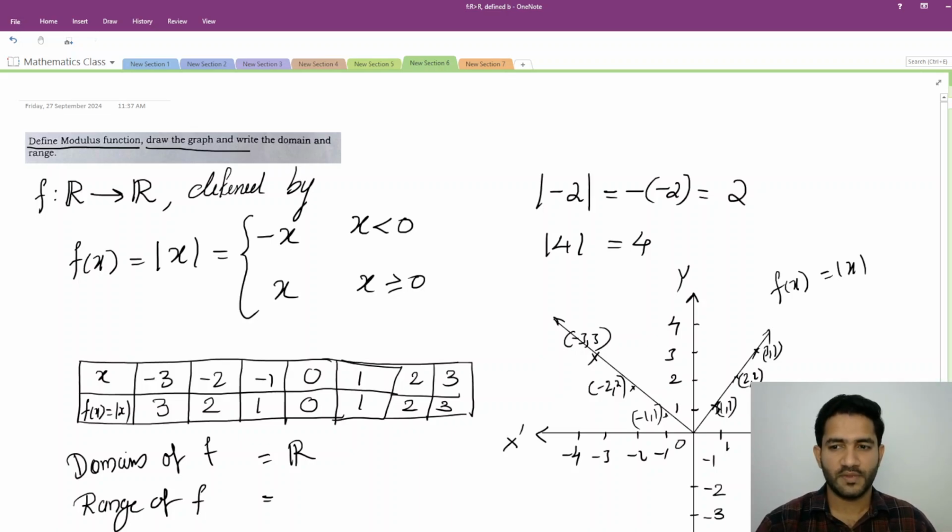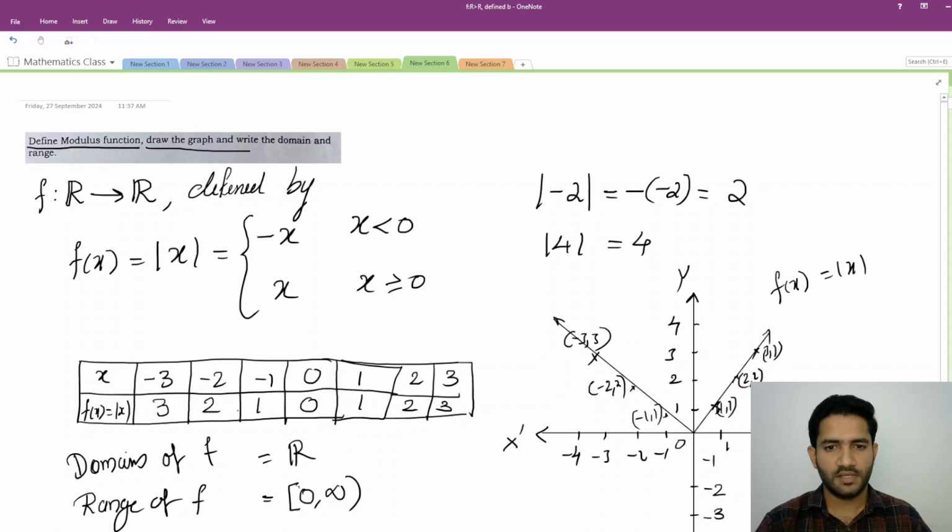All values of f of x are positive, including 0. So we can write whole positive real numbers including 0. This is closed 0, open infinity. Mostly we use an open bracket for infinity. So this is the modulus function: definition, graph, domain and range.